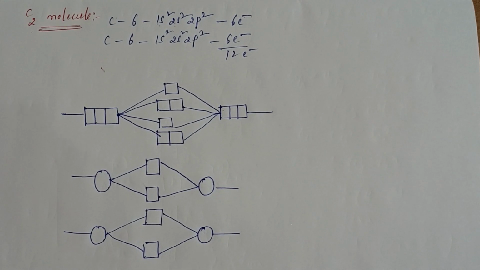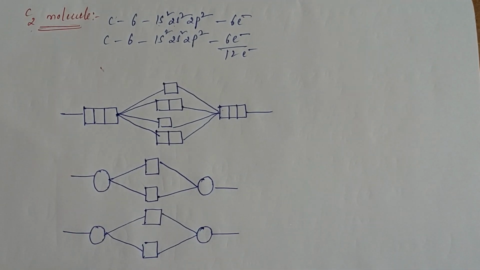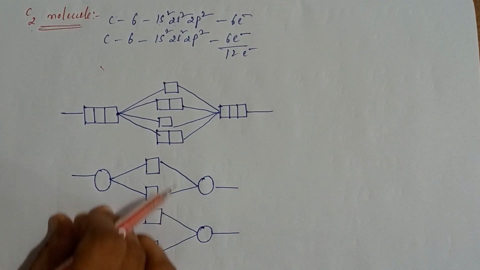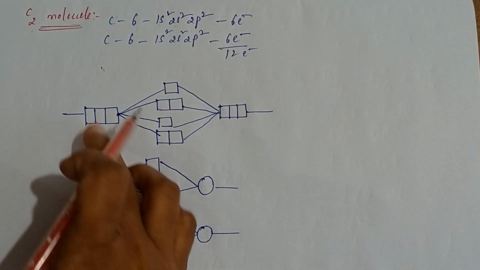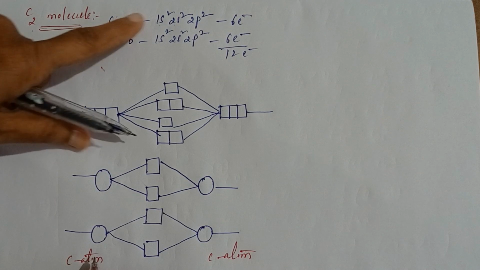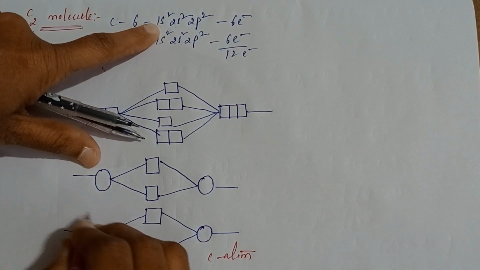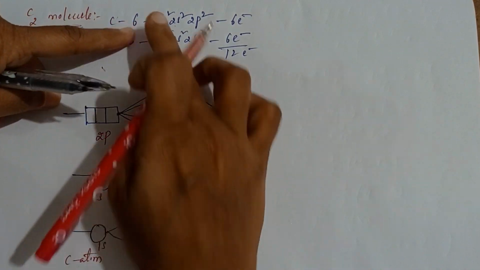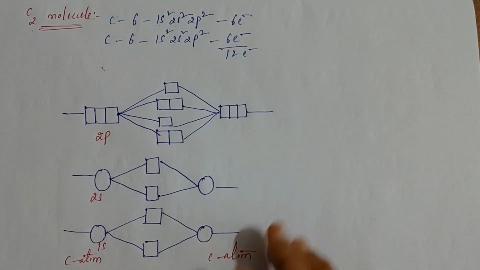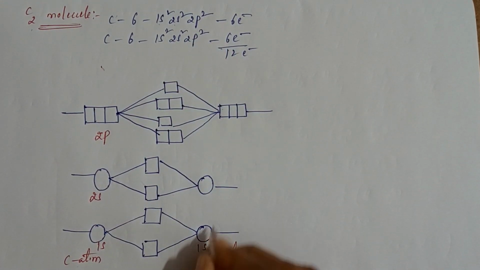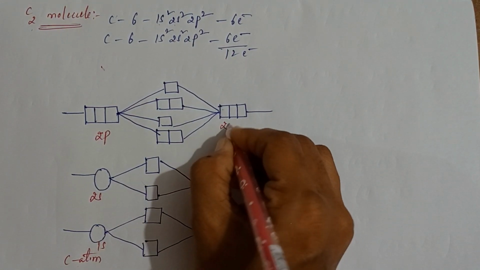See here, this is which atom? First of all, the carbon atom. This is one carbon atom with atomic orbitals 1s, 2s, 2p. This is the first carbon atom, this is the second carbon atom. Another carbon atom also has 1s, 2s, 2p.